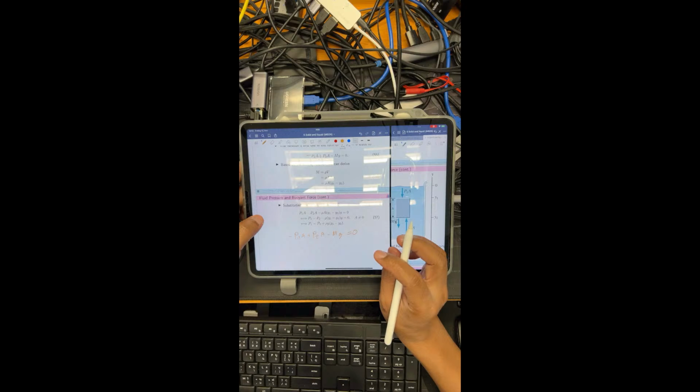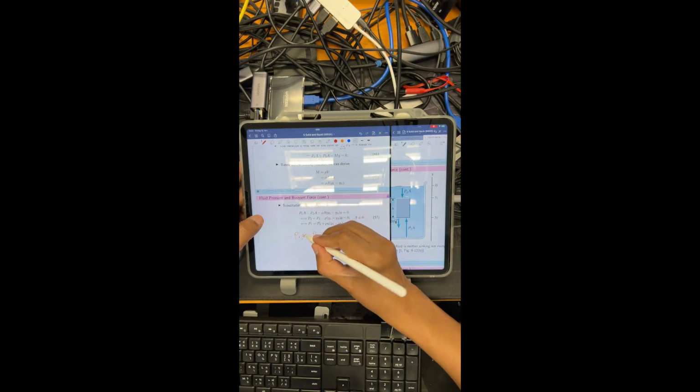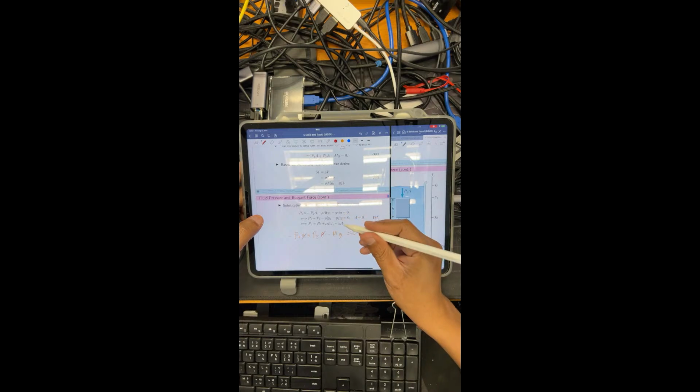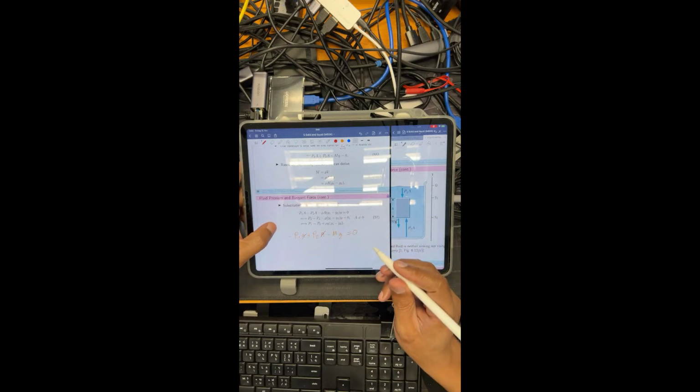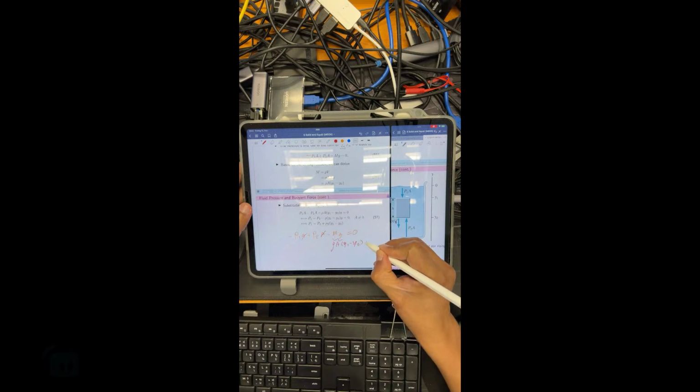When A is not 0, we can cancel A everywhere, and the mass is rho A (y1 minus y2), times g.